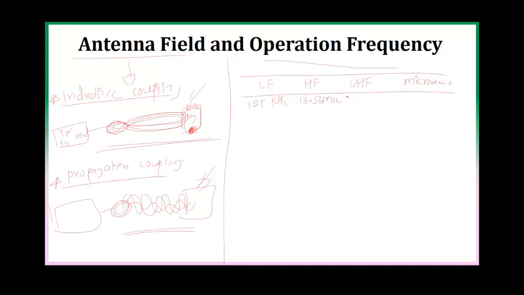Ultra high frequency is a band of 868 to 915 megahertz. Microwave is 2.45 gigahertz to 5.8 gigahertz. Okay, so these are the four bands in which your operational frequency falls: low frequency, high frequency, ultra high, and microwave. In these bands you can make your RFID tags.